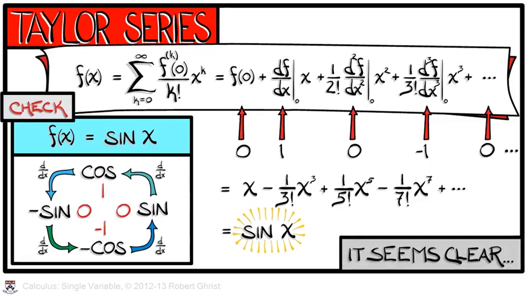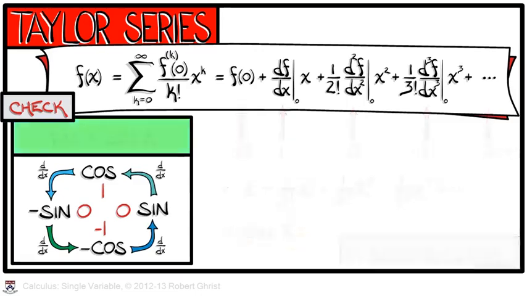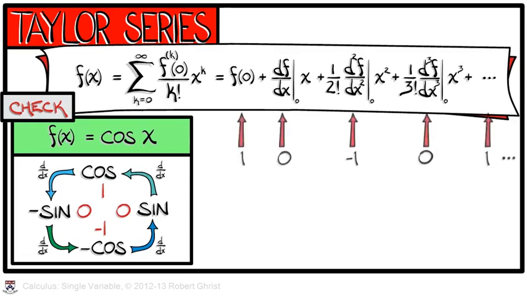It seems clear that this ought to work in other contexts as well, but let's just check it. For example, if we work with cosine of x, then the derivatives of cosine follow the same pattern as before. Evaluating those at 0 gives us the same numbers as before. Why do we not get the same series? Well, because when we evaluate these derivatives, the sequence of numbers is shifted. f at 0, that is cosine of 0, is 1.